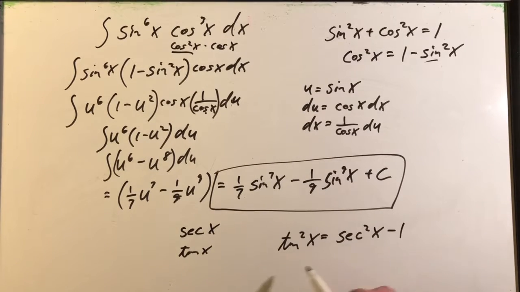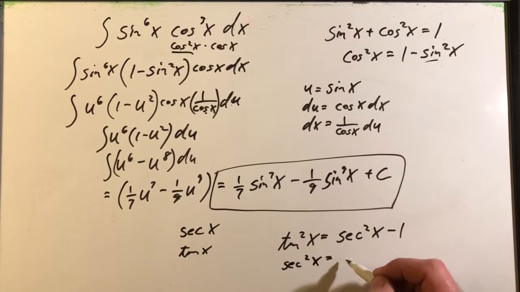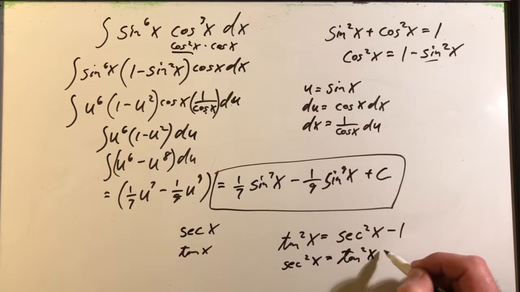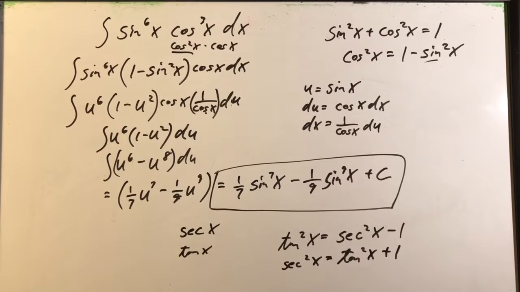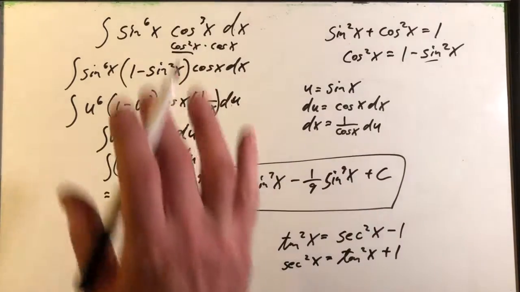And then the inverse of that would be secant squared x equals tangent squared x plus 1. So same type of rules apply.